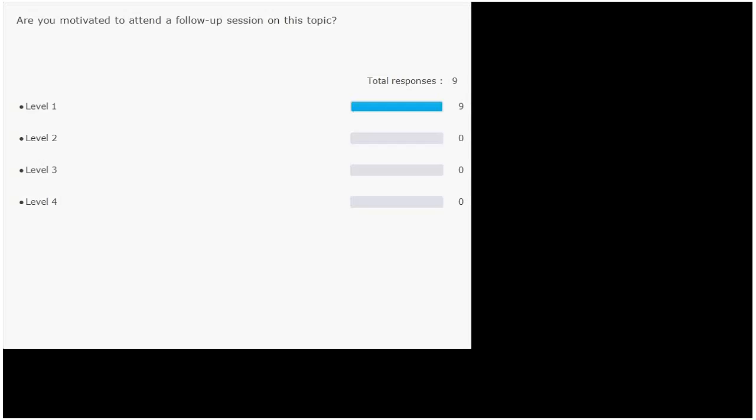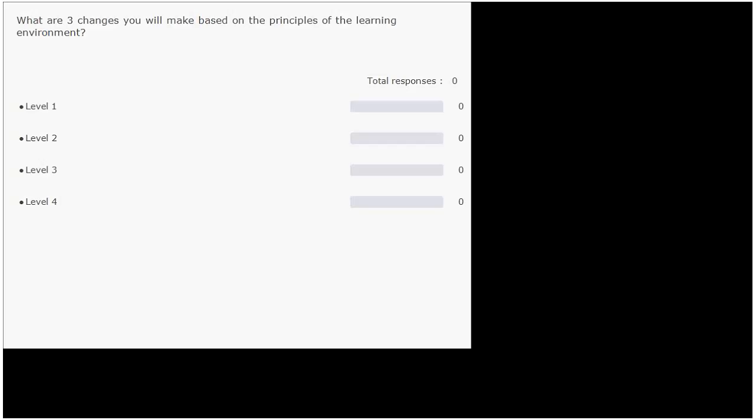Okay, participant reaction, 100% agreement. Right on. What are 3 changes you will make based on the principles of the learning environment? Got you thinking, got you thinking.